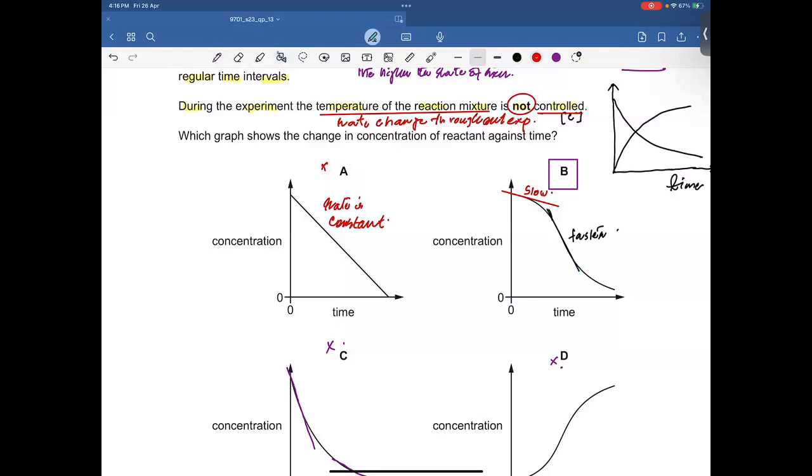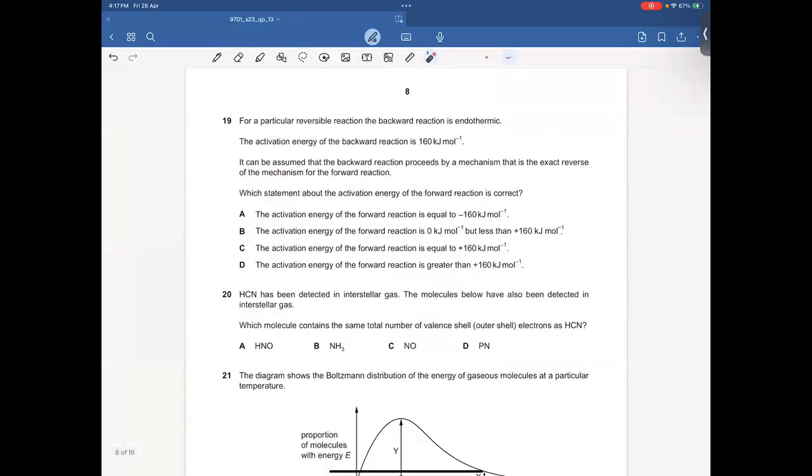And eventually it slows down again. So temperature is not constant throughout the experiment, which means temperature changes throughout the experiment. And if temperature changes, obviously rate of reaction also changes throughout the experiment. That was the criteria, that was the whole concept behind this question, and therefore B is going to be the right answer. Okay, question number 19.